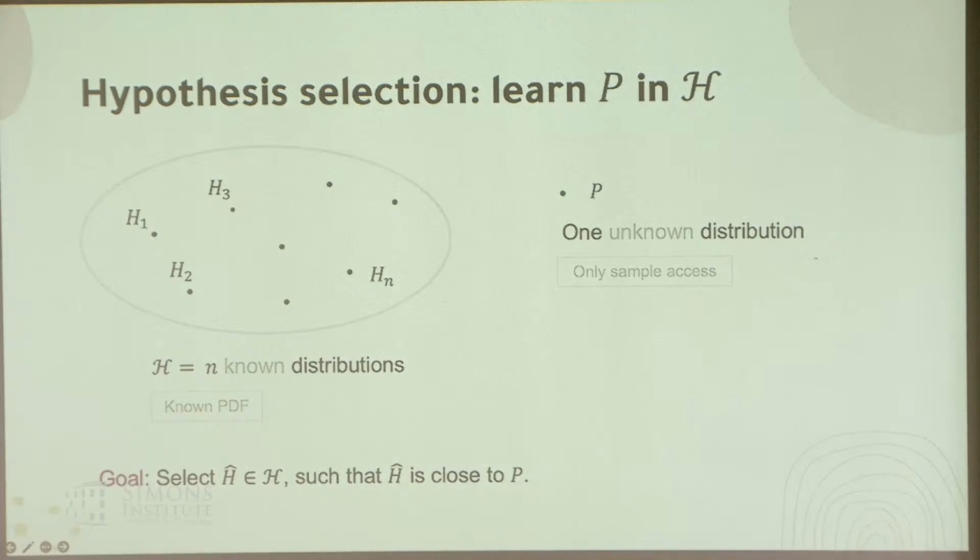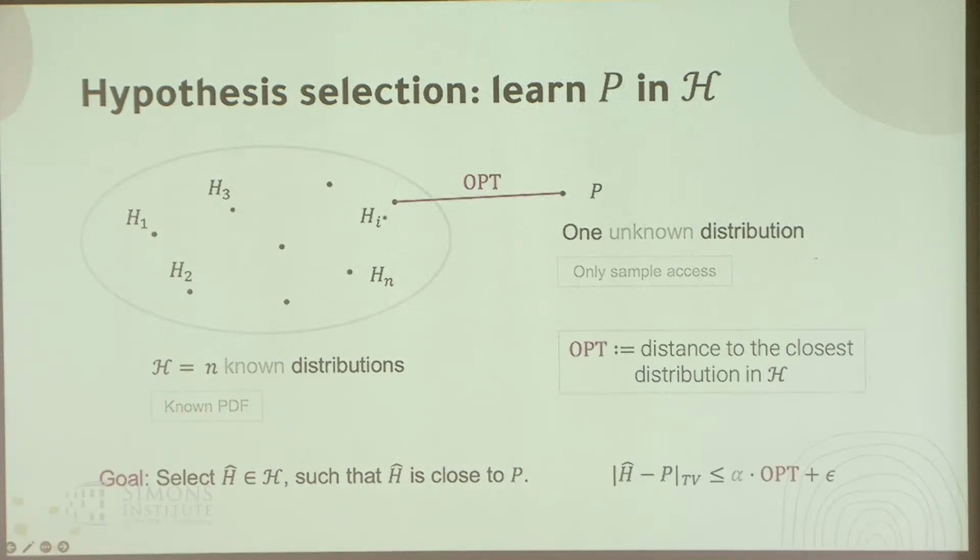So the goal is to select a distribution inside this class that is close to P. Obviously the best that we can do is to select the closest distribution, which has distance, I'm going to call it opt, to the unknown distribution. But what we can hope to get is something comparable to opt and not opt exactly. In fact, we can hope to get a semi-agnostic guarantee for this problem: alpha times opt plus some epsilon.